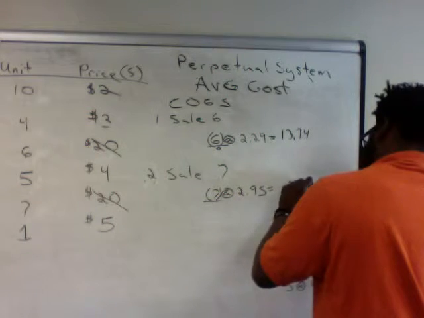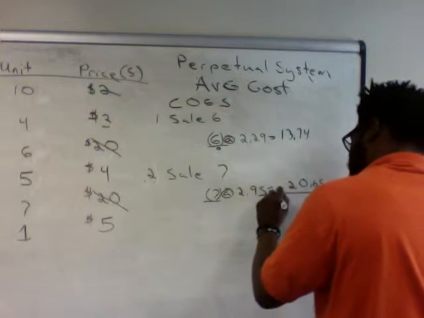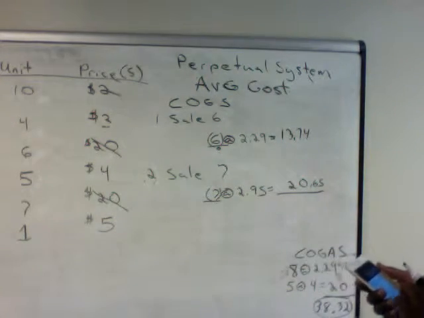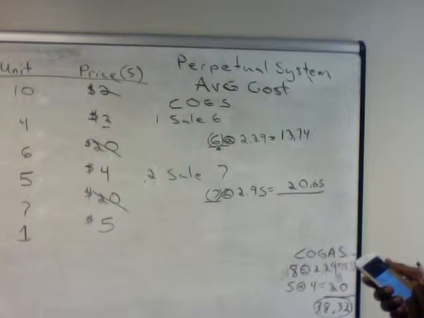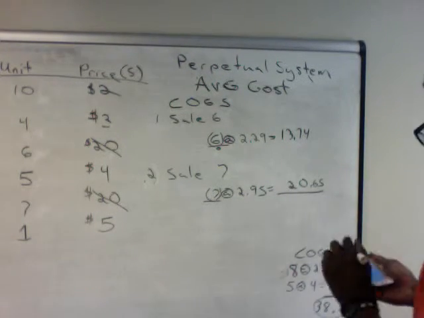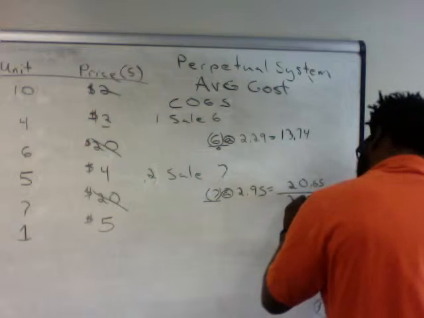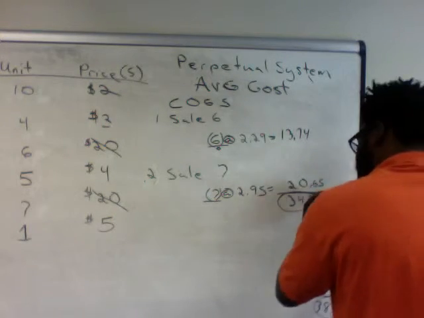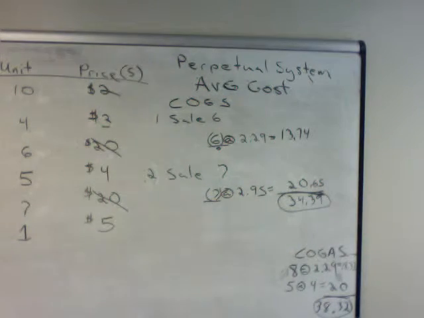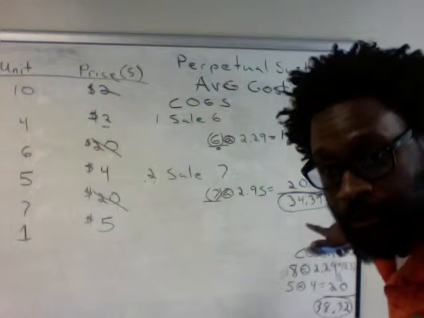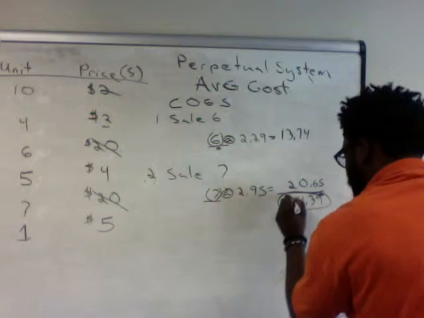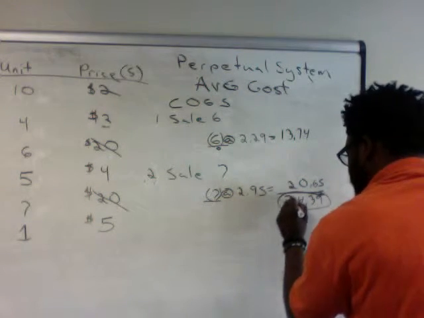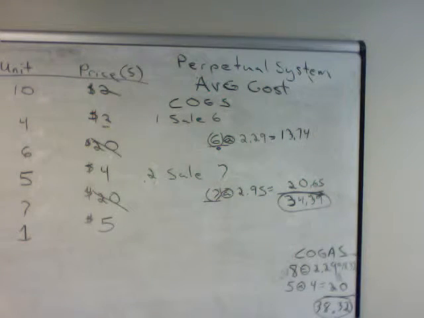That gives me $20.65. I add those two together, and that will give me $34.39. This is my cost of goods sold. $34.39. That's my cost of goods sold.